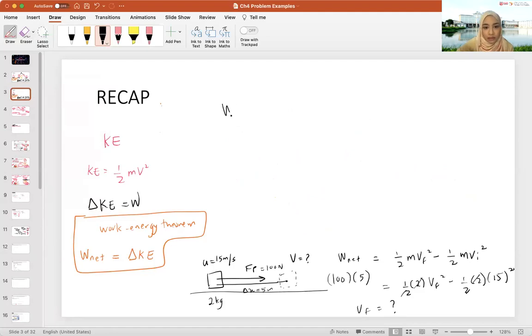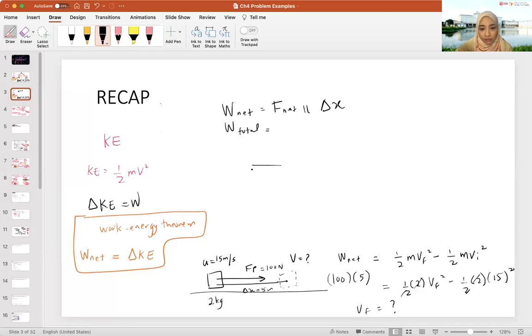So W net is equal to F net that is parallel to displacement. I'm going to repeat myself here. When I talk about work done, net work done, ataupun total work done, I am talking about F net that is parallel to our displacement.